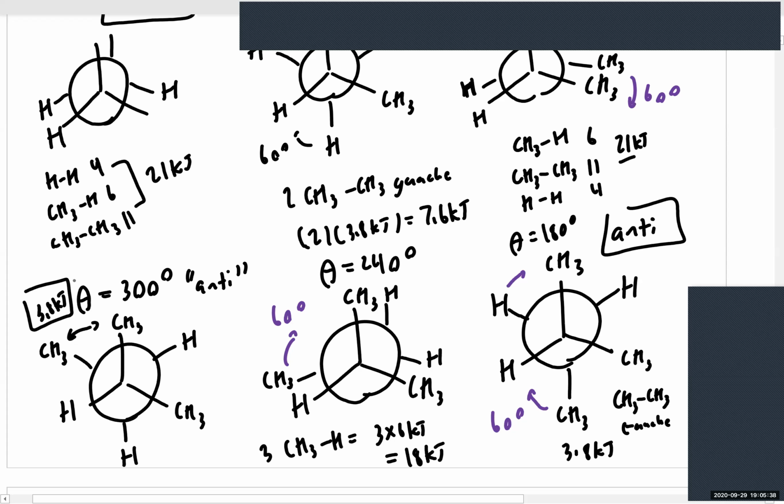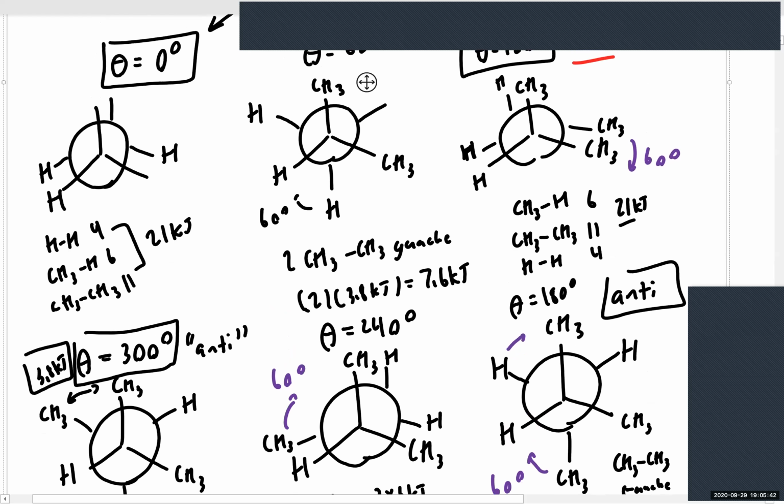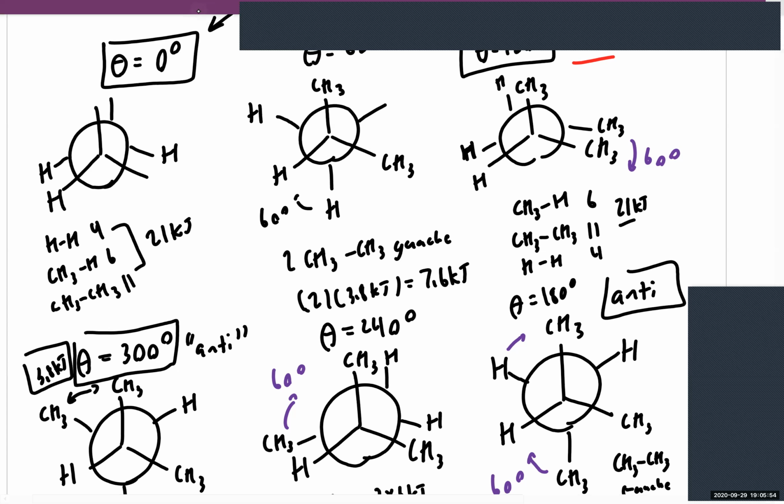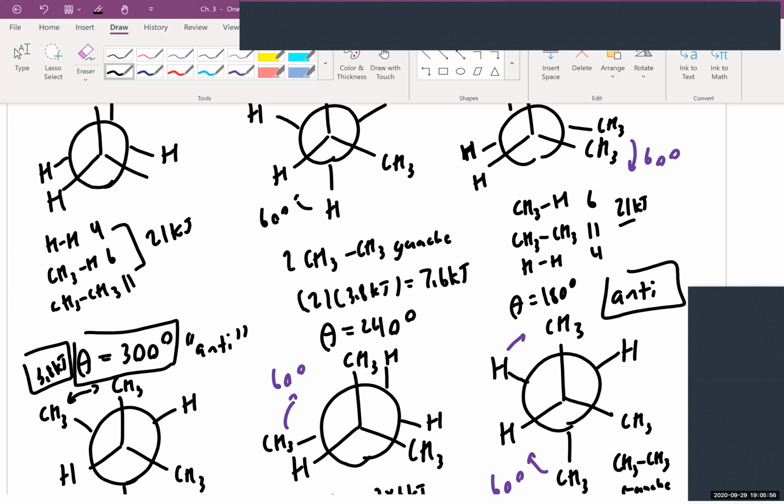So as we can see, our dihedral angle of 300 is degenerate, has the same energy as our dihedral angle of 180. So let's showcase that with a different color.